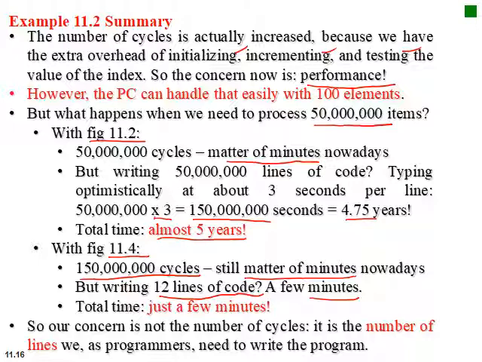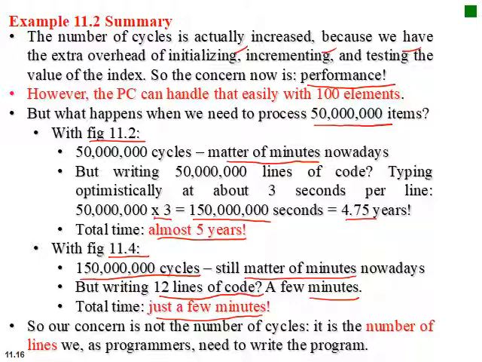So a few minutes plus a few minutes is basically just going to be a few minutes, because our concern here is not the number of cycles. Our concern is the number of lines, for the programmer.